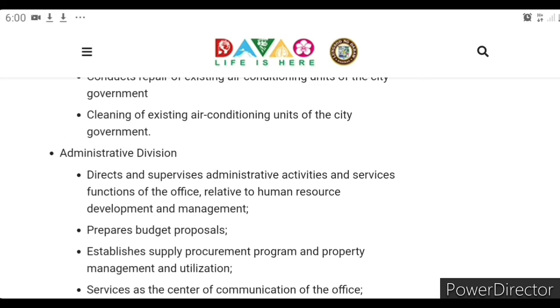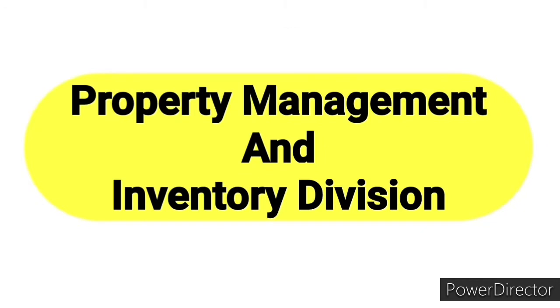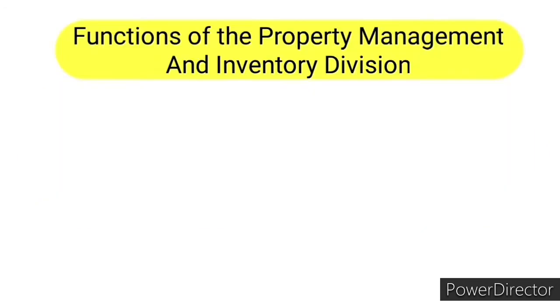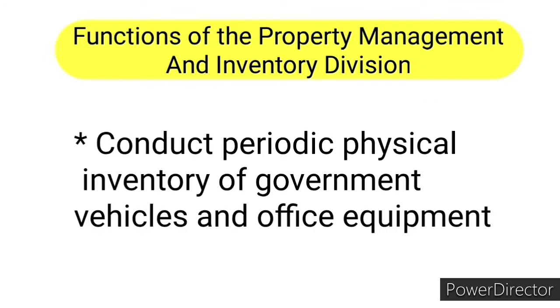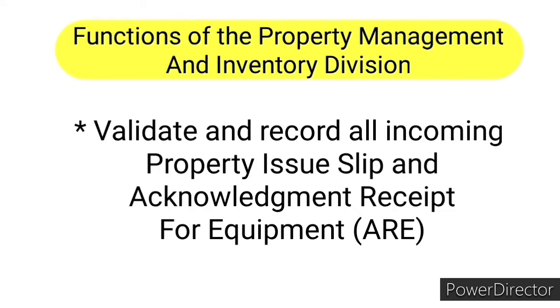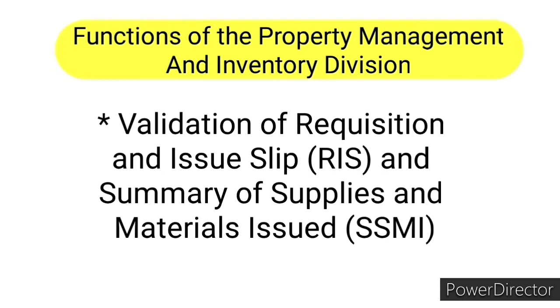of CGSO's divisions that provide that information. The first one is the Property Management and Inventory Division. The mandates of this division are, first, conduct periodic physical inventory of government vehicles and office equipment. Another one is to validate and record all incoming property issue slips and acknowledgment receipts for equipment.